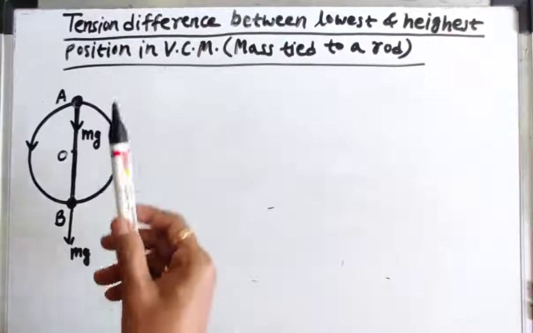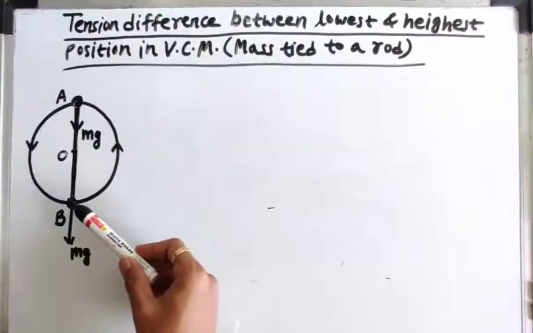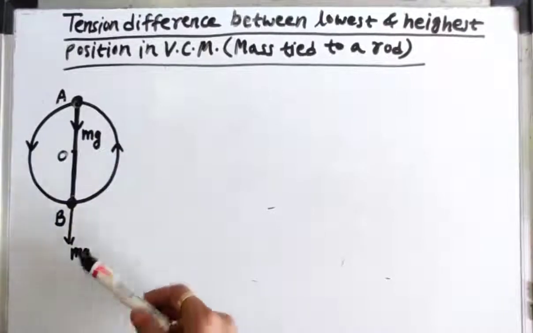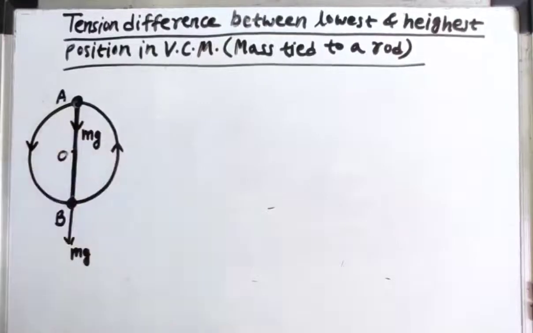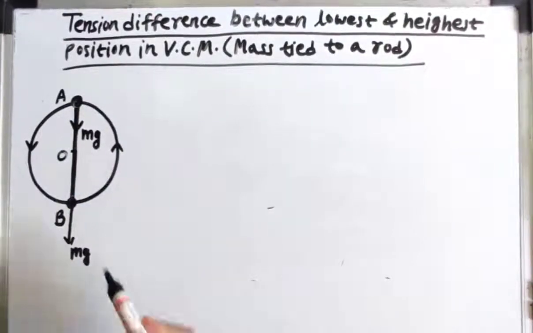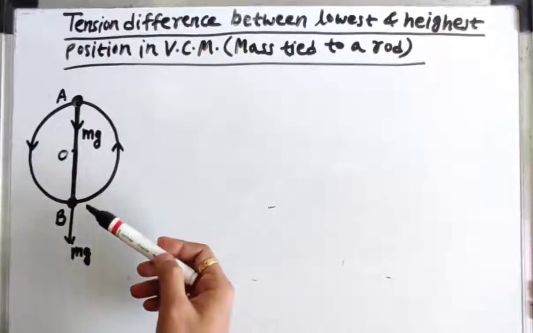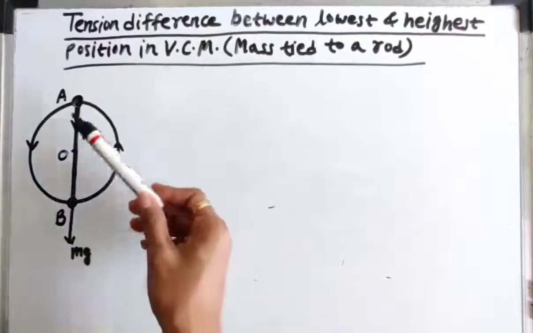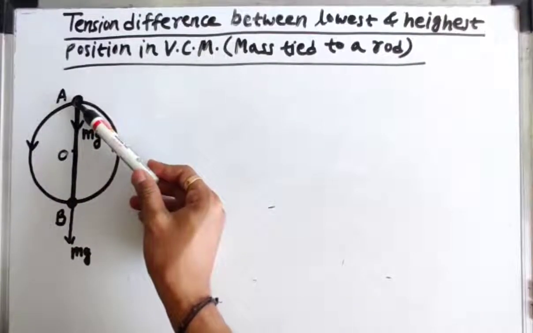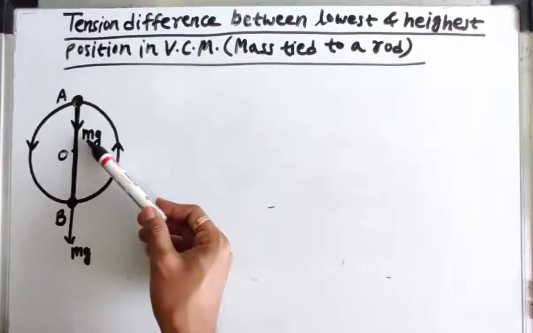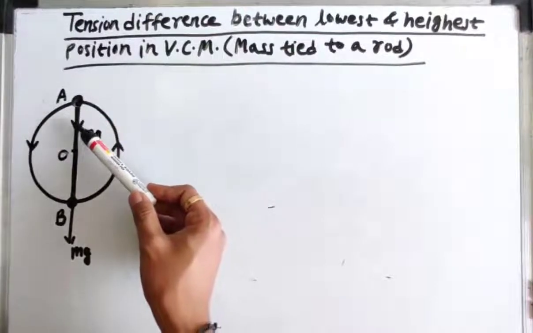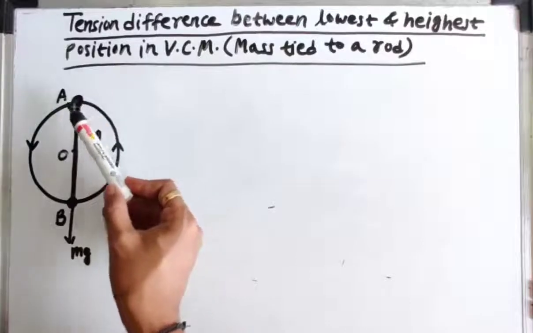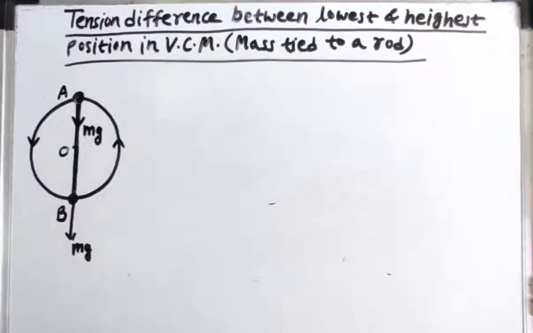Now we will discuss the tension difference between the lowest and highest position in vertical circular motion in case of a mass tied to a rod. At the topmost position, this object of mass m has its weight acting vertically downward, that is mg. To balance this mg, there is a normal reaction by the rod on this object in the upward direction.